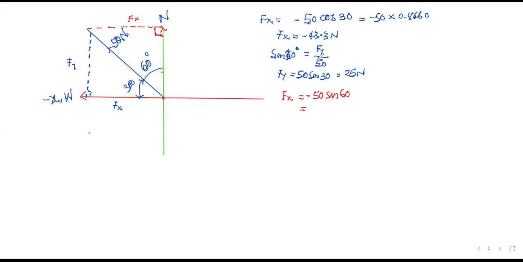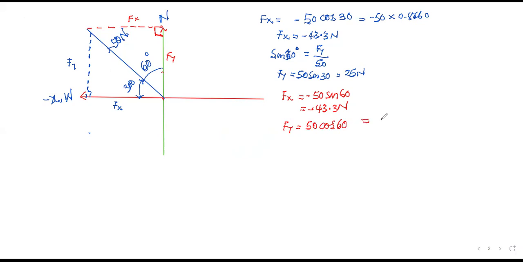So it would bring us to the same value, minus 43.33. Then the vertical component, which is Fy, will be 50 times cos of 60.